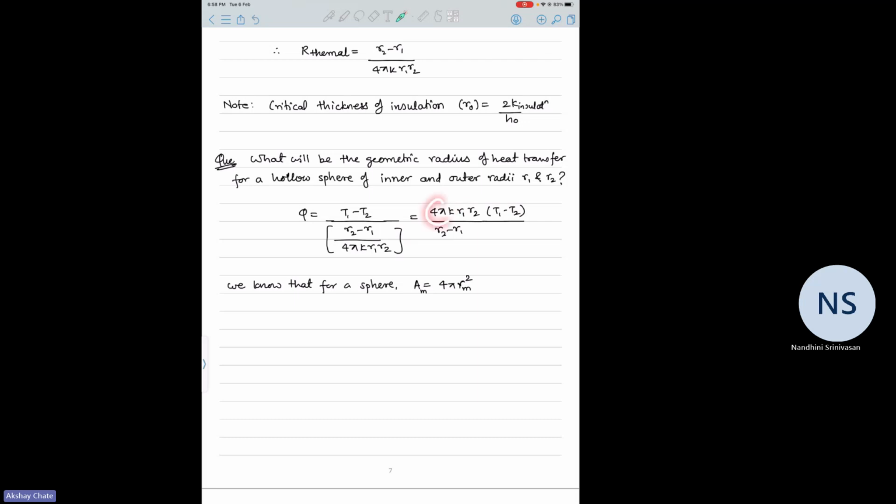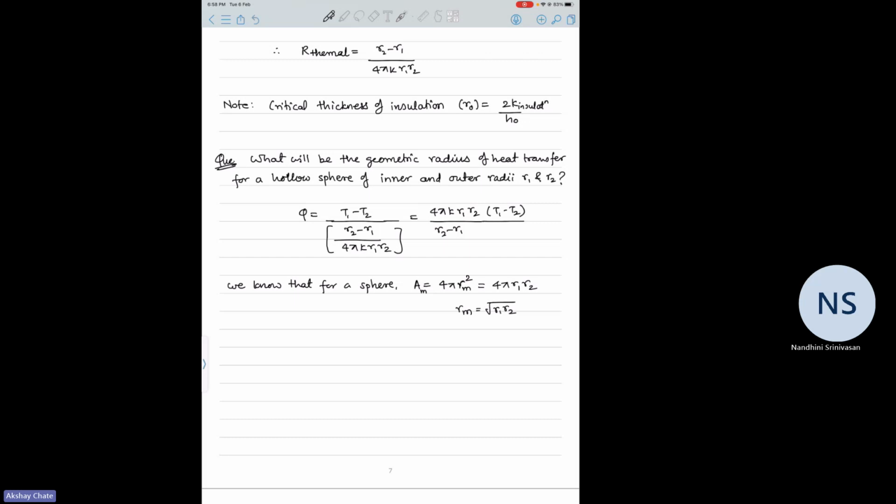So these 4 pi R1, R2, and R2 minus R1 are the only terms that are representing the length or the area or whatever length measures. So they compare this with the 4 pi R1 R2 term, and then you get Rm as root R1 R2, and that is your answer. This is what they call the geometric radius.